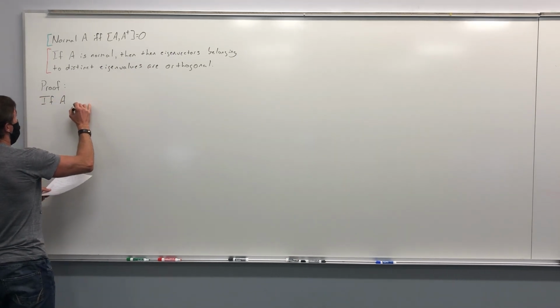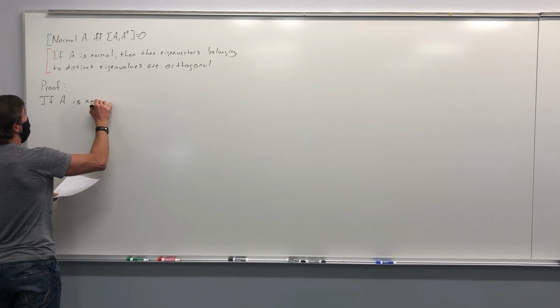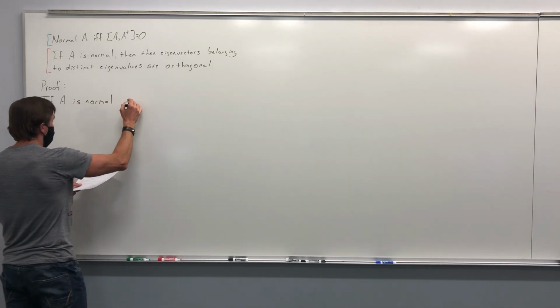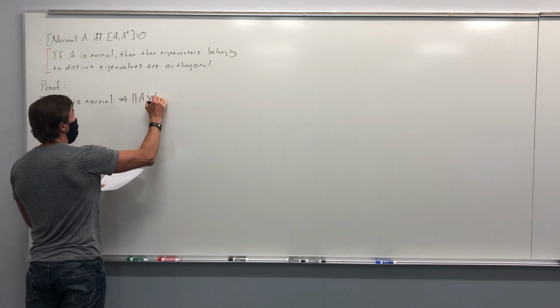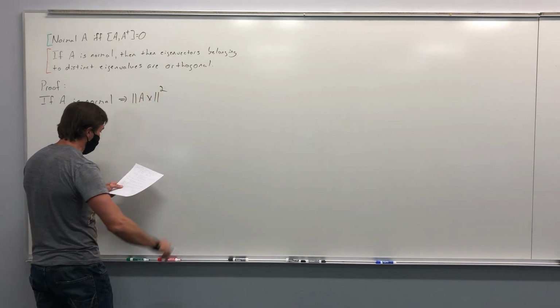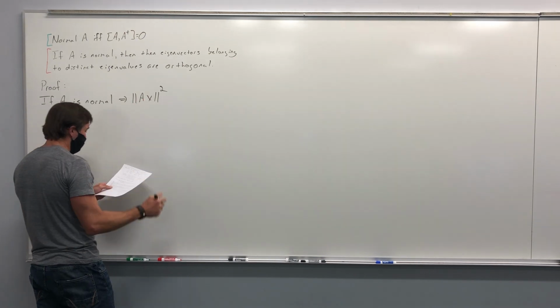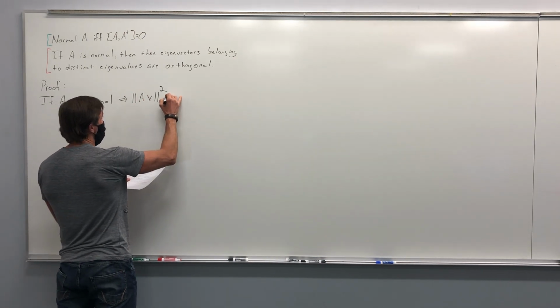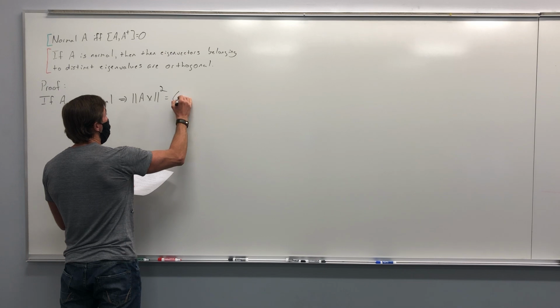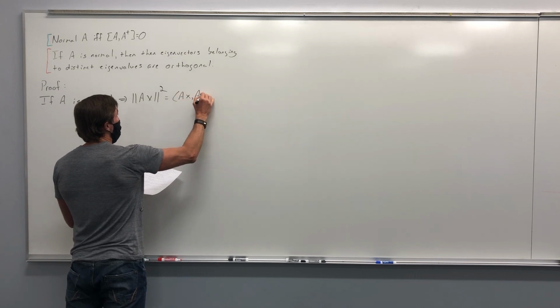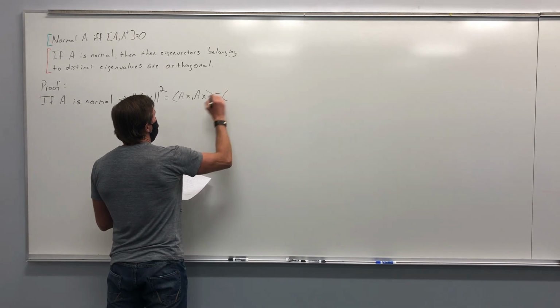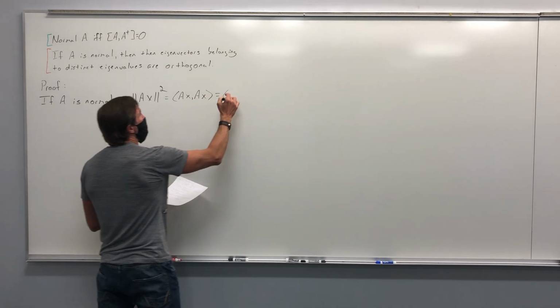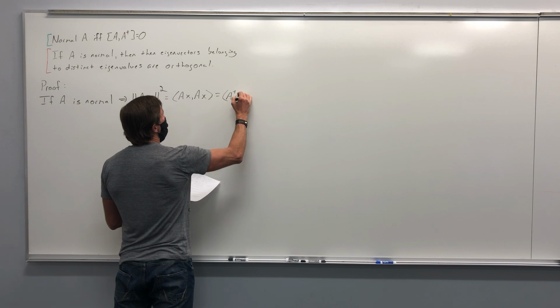If A is normal, then we know that the magnitude of A acting on a vector X in the inner product space, squared, is equal to the inner product of AX with AX, but as usual, we can move this A over by taking its adjoint.